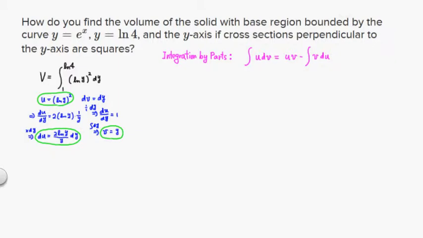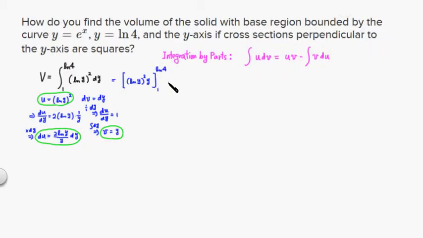Right? So this is going to be equal to uv, so u is natural log of y squared, times v, which is y, going from 1 to natural log of 4.